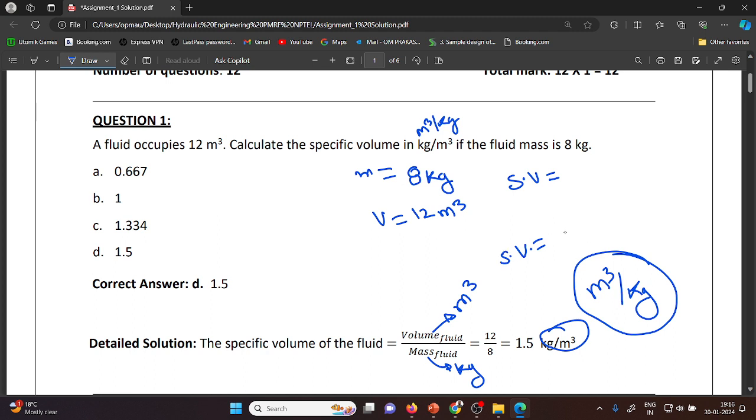Volume divided by mass: volume is 12 and mass is 8. So 0.5 meter cube per kg. So option D is correct, if the formula is this.